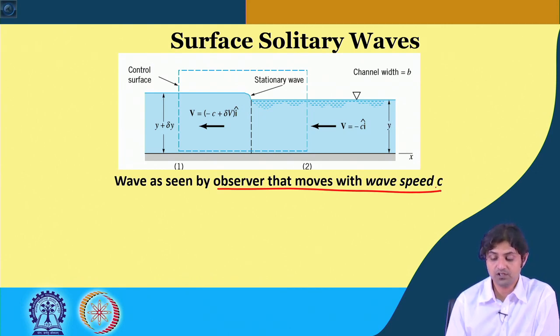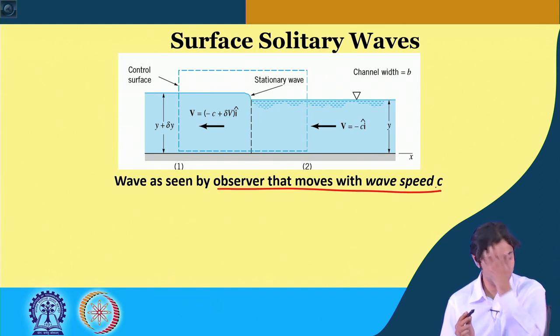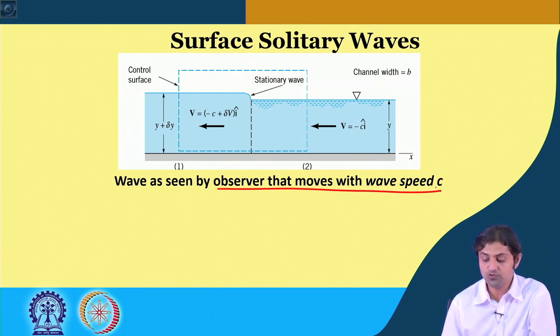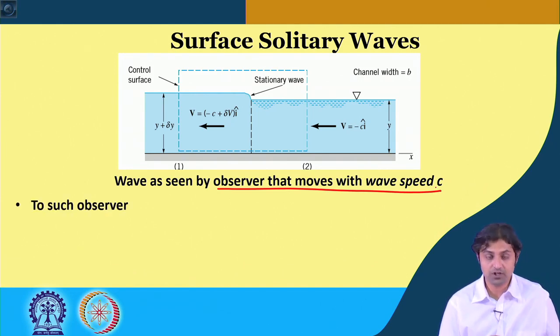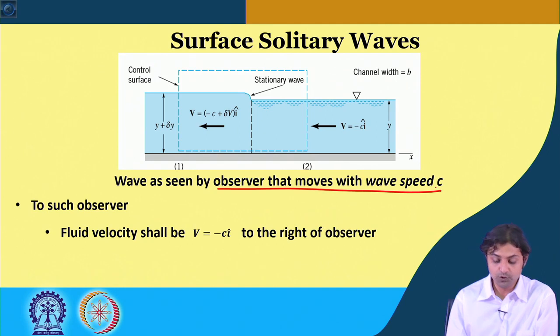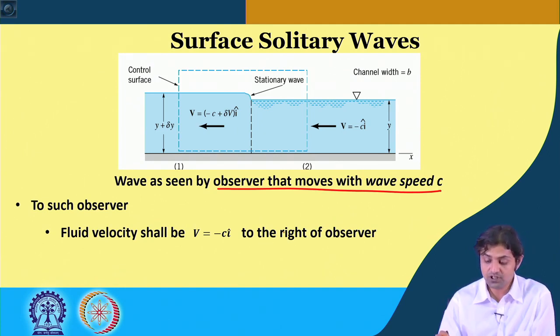So, for this derivation we are using another approach where the flow was steady. That is, with an observer that is moving with wave speed c, and for such an observer the fluid velocity shall be minus c I to the right of the observer, because he is moving with the wave. This is the right of the observer, and this is the left.